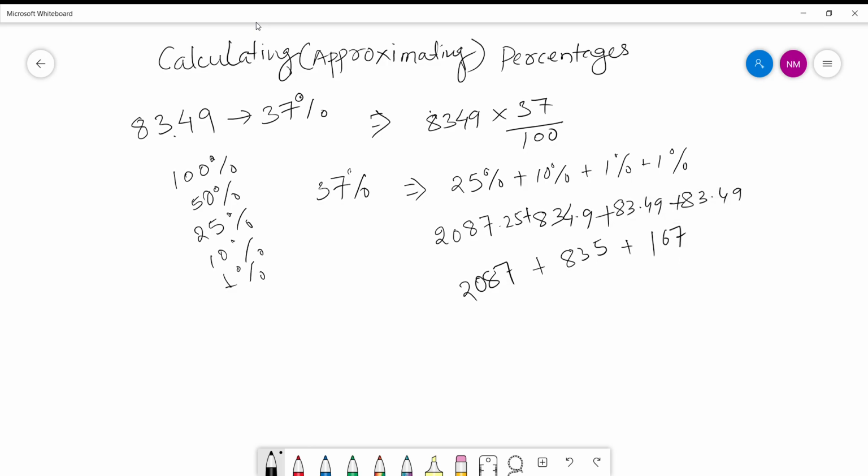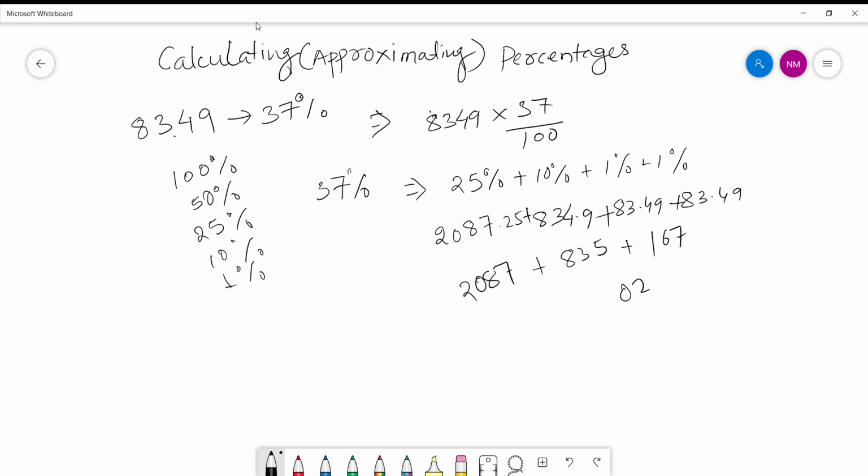Again, you have to be strong with your double digit addition. So we add 35 plus 67. 67 plus 30 is 97, and 97 plus 5 is 102.